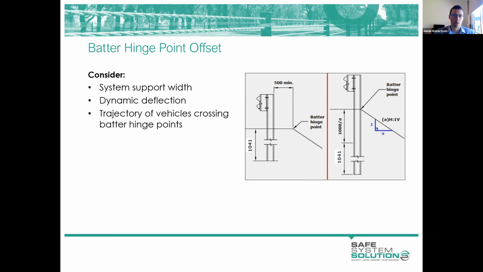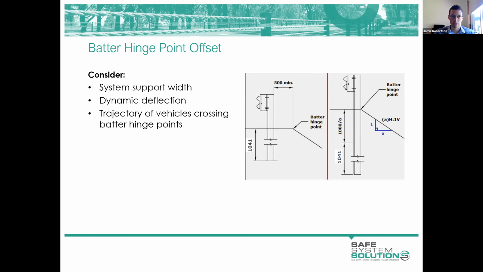The desirable situation is that all of the deflection of the barrier occurs within this verge, but in a retrofit that's very rarely achieved. We don't have that luxury. Then we fall back on the minimum widths that are required to support the system, which might be in the order of 0.5 metre. We can get down to even less for the flexible W-beam products.